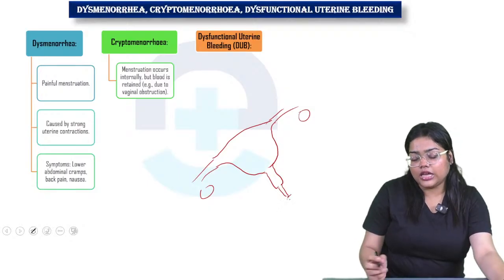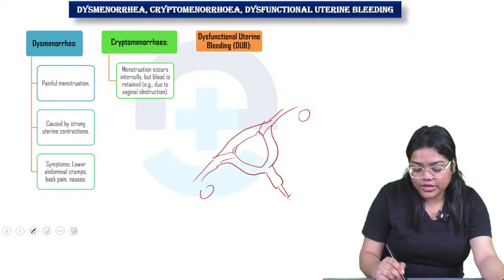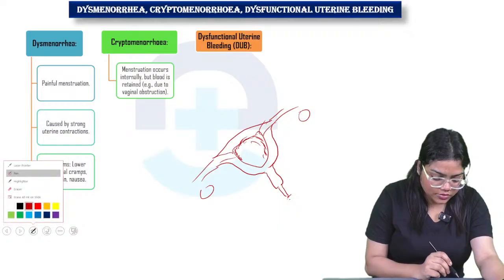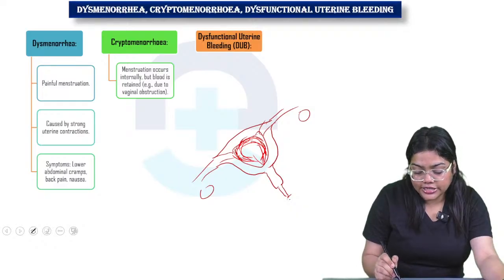So see, sometimes when menstruation is happening, the shedding of the endometrium layer will be there, and it will start bleeding internally.